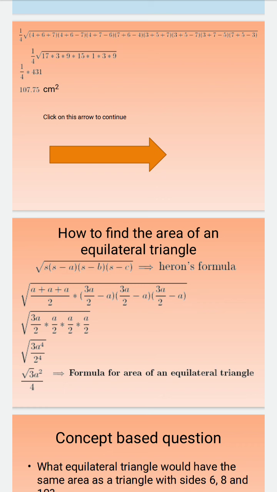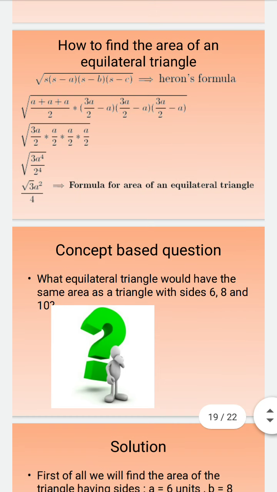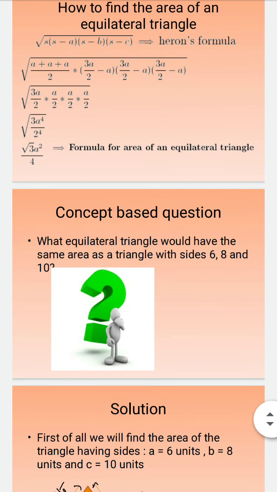Here all sides are equal, so put all the sides and the semi-perimeter in Heron formula. We will get root 3 by 4 a square, which is the formula for the area of an equilateral triangle. So we have learnt that we can find the area of any type of triangle by Heron formula.